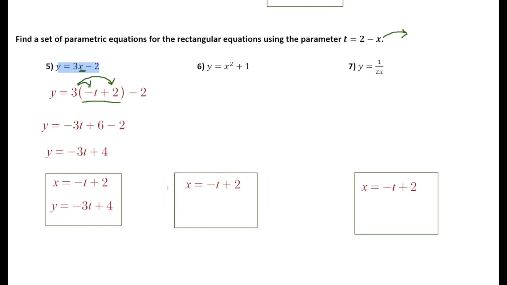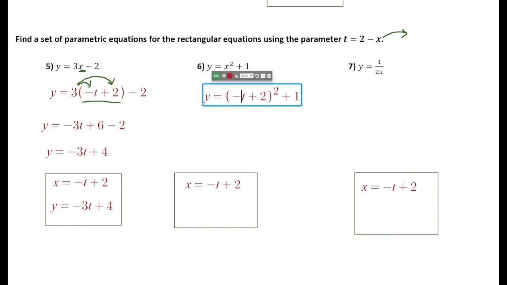Number 6, we're going to do the same thing. We're going to substitute all of this in for x when we rewrite this equation. So we've got y equals, and then in parentheses, I'm going to raise this to the second power, and then have plus 1. Now, this is probably fine.